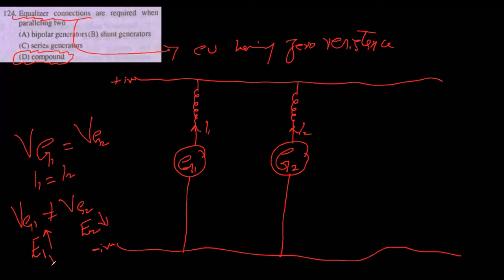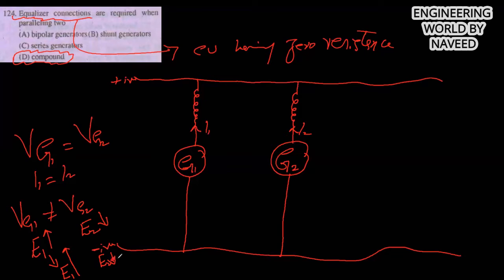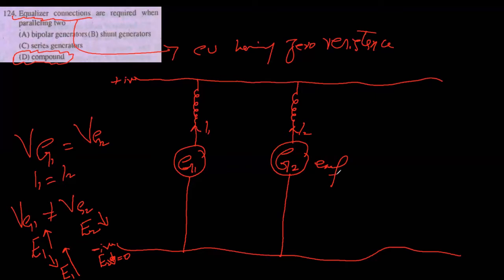And if it increases gradually, then a stage is reached where the excitation of G1 will increase too much and the excitation of G2 will be equal to 0. Then it means that the EMF produced by G2 will be equal to 0.